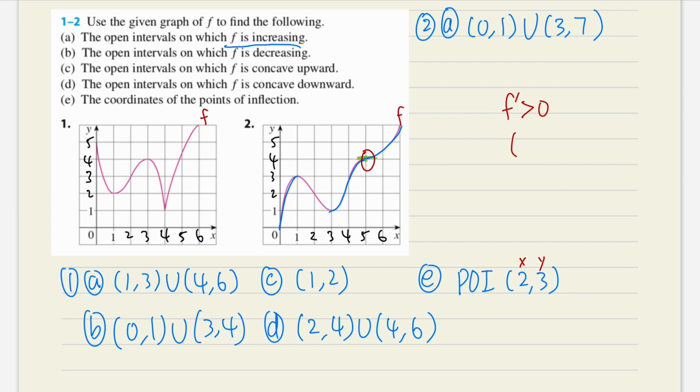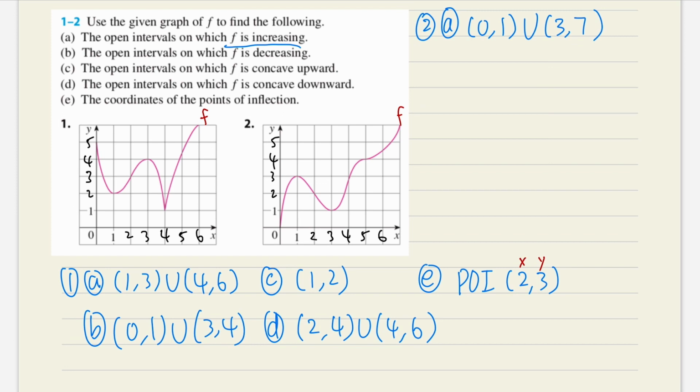You will say 3 to 5, and then union 5 to 7. So increasing and the first derivative being positive are slightly different. That's the only tricky part in my opinion. The rest is pretty straightforward.